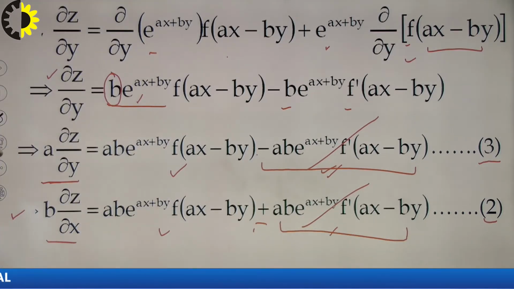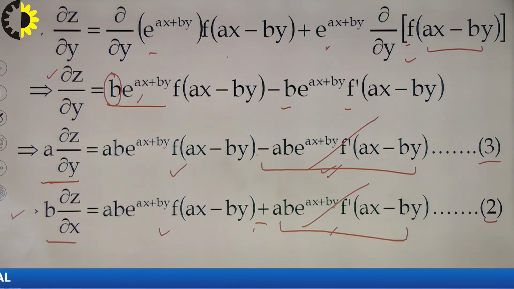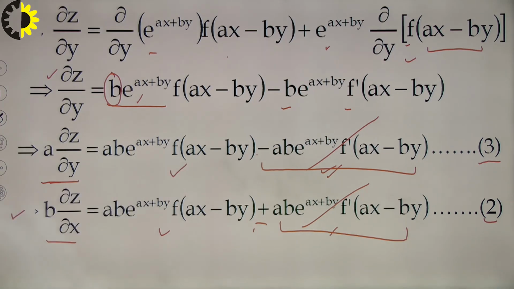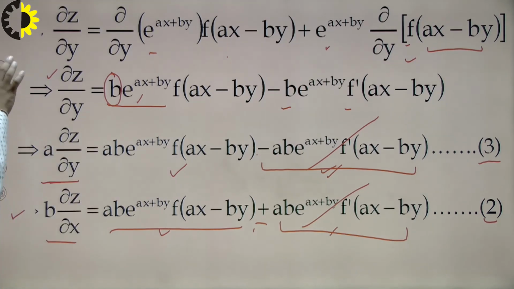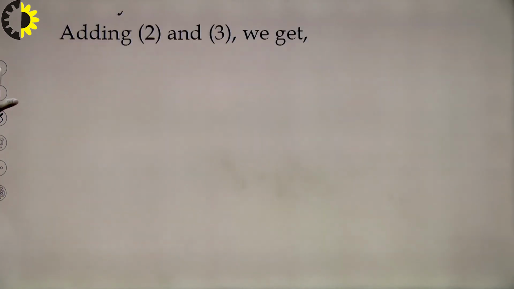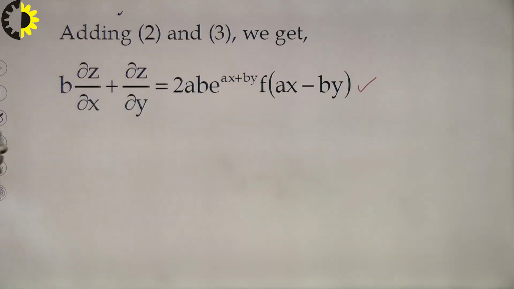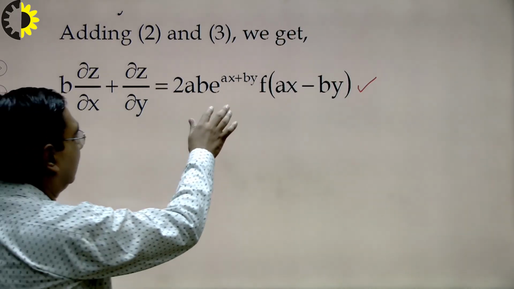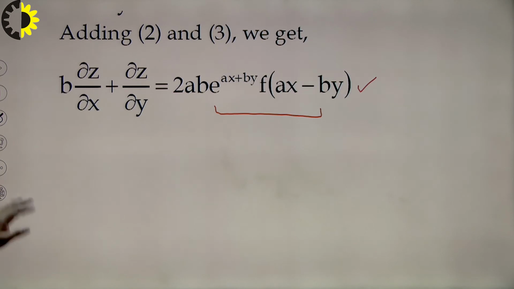Remaining two terms are exactly the same, ab e raised to the power ax plus by f ax minus by, and the same term written here. Adding these two, this term will be twice. So I obtain this value.